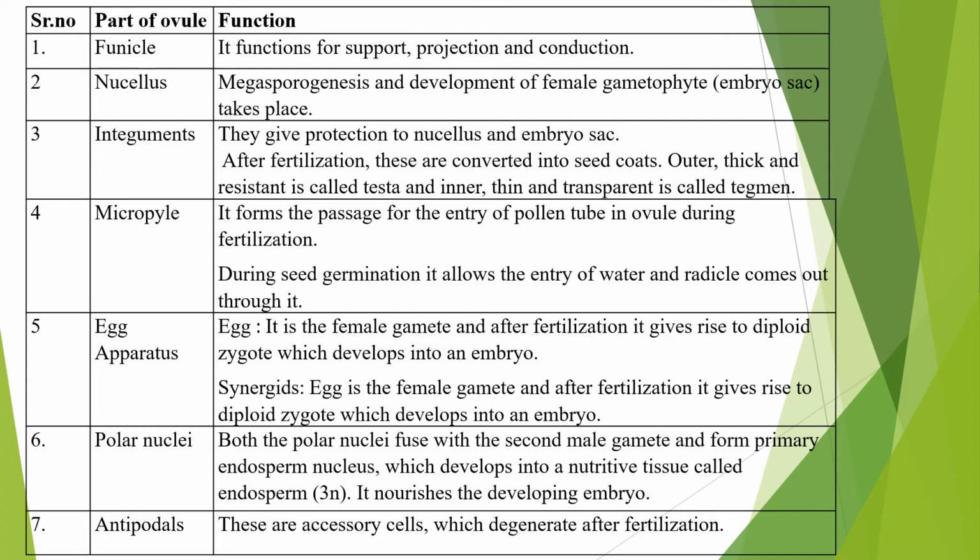Micropyle, as I told you, is for the entry of pollen tube in the ovule during fertilization. Egg apparatus consists of egg, which is a female gamete. Polar nuclei fuse with the second male gamete and form the primary endosperm nucleus. Antipodal cells are accessory cells which degenerate after the fertilization.